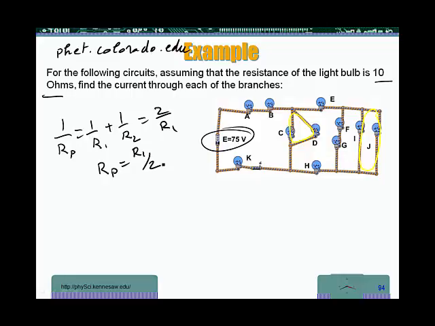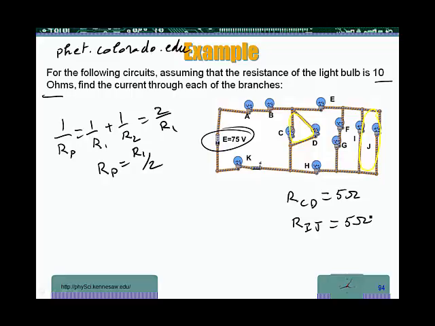That makes the math a little easier. So in this case, we have RCD, the equivalent of C and D, is going to be RC over 2 or RD over 2, that's going to be 5 ohms. And RIJ is going to be as well 5 ohms since they are in parallel. Okay, and we'll replace these in a second.